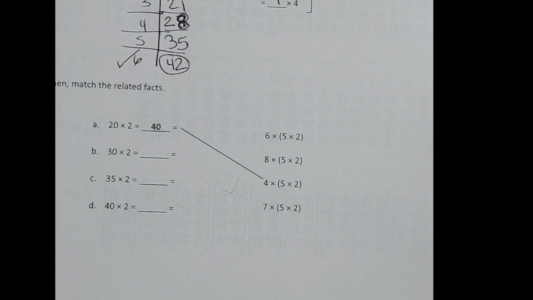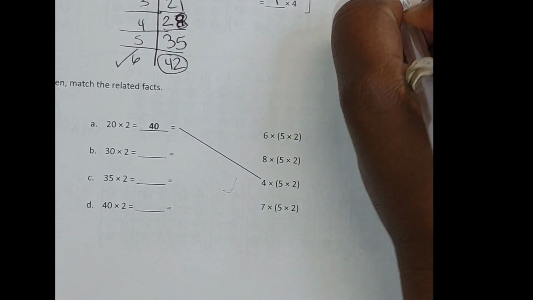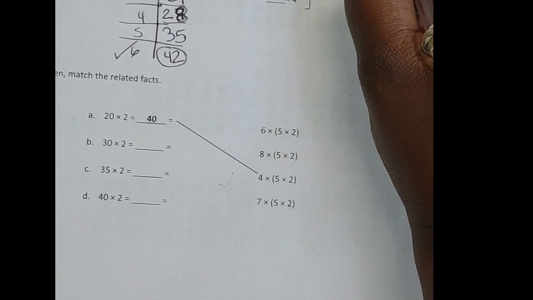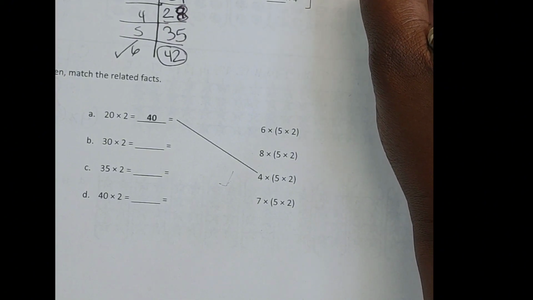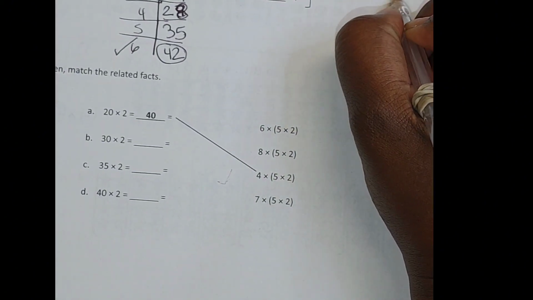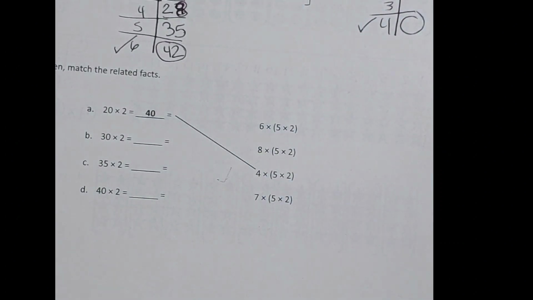And it's okay if you don't know it. That's okay. You can create a quick ratio table. 1, 2, 3, 4, 5, 6, 7, 8, 9. 9 times 4.